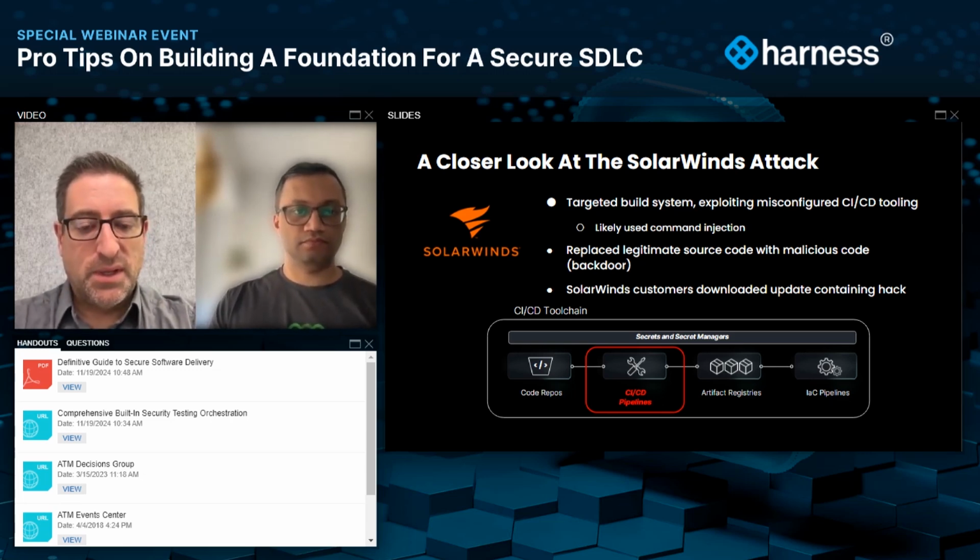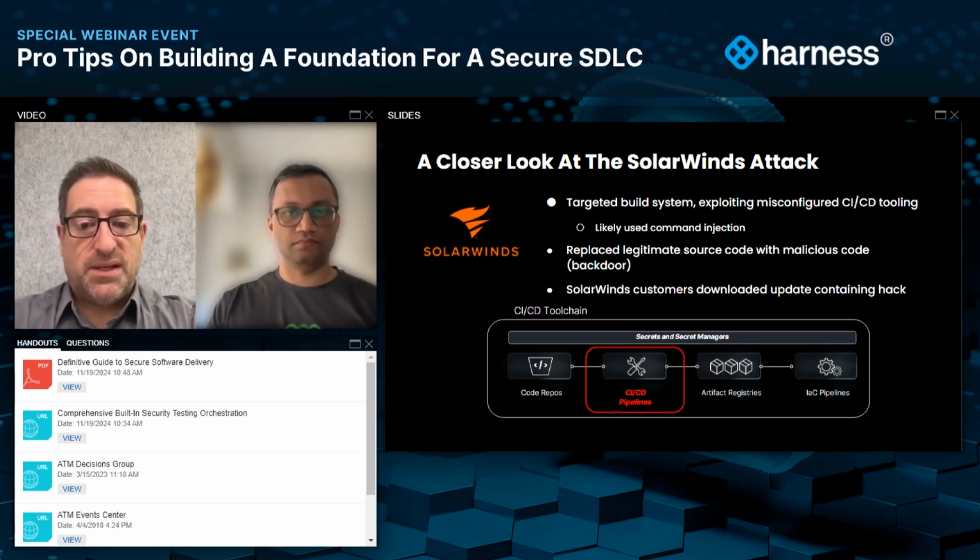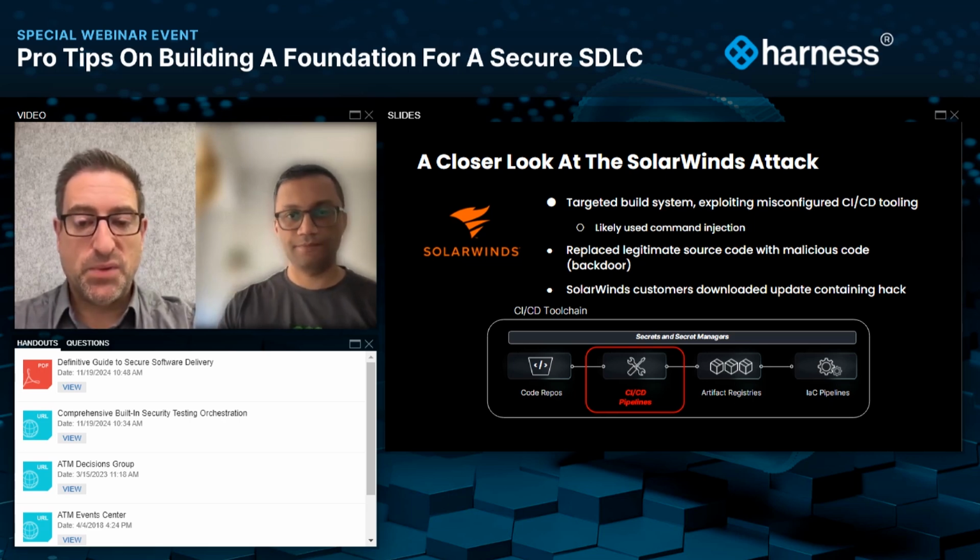So again, this is a very high profile and quite a devastating type of hack, where tens of thousands of users of the software had information that was potentially exposed because of this backdoor.